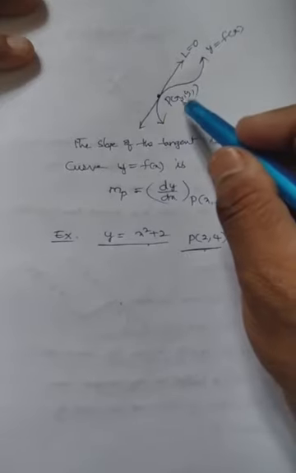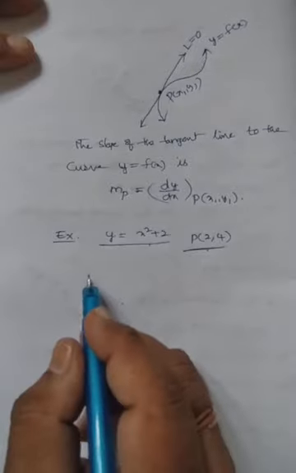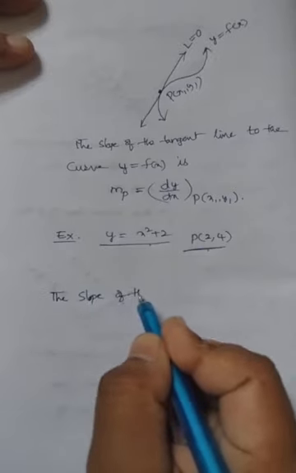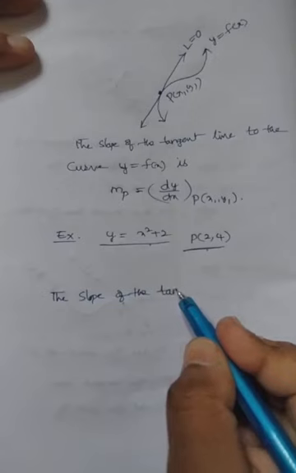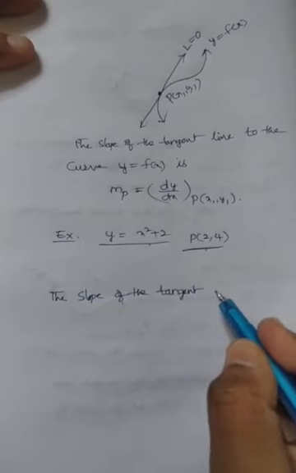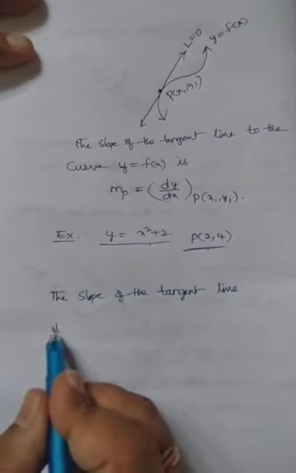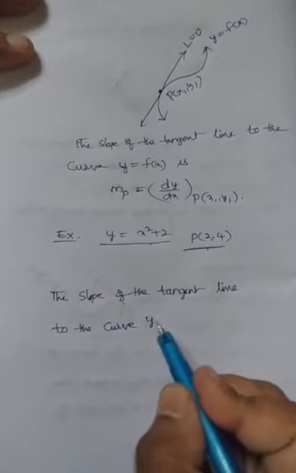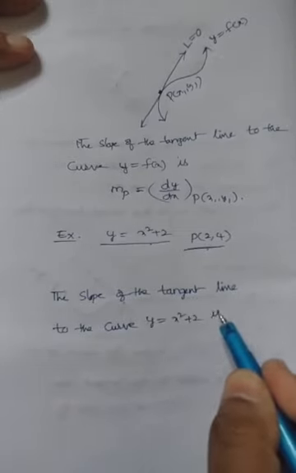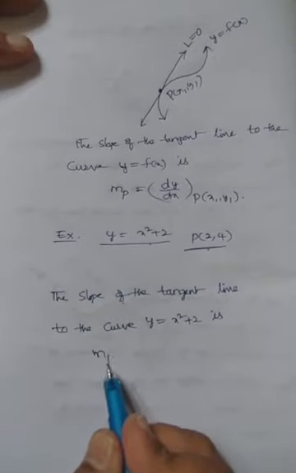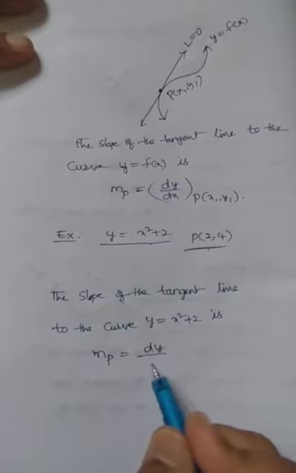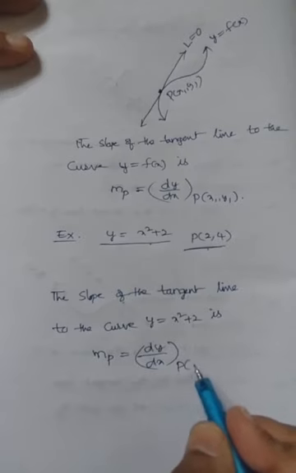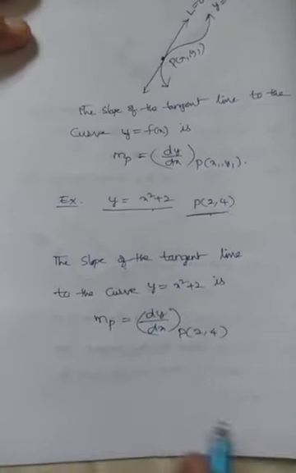So the slope of the tangent line to the curve y equals x square plus 2 is m at P, which is none other than the derivative dy by dx at P, which is 2 comma 4.